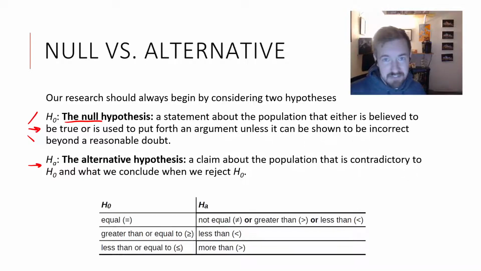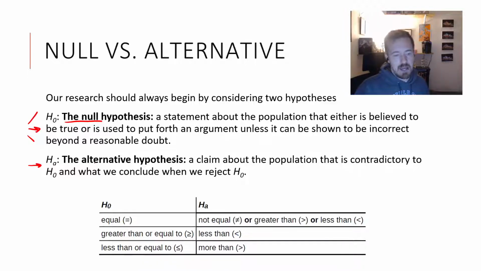This is very, very different from how a lot of us normally approach this. A lot of us jump into this assuming that we're going to find differences, but we have to let the data speak for itself. We have to say we're going to assume there is no difference unless we have data to the contrary.